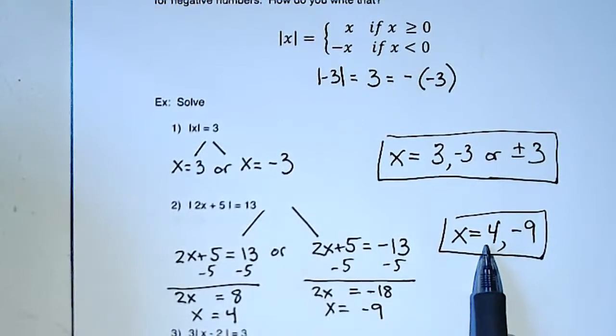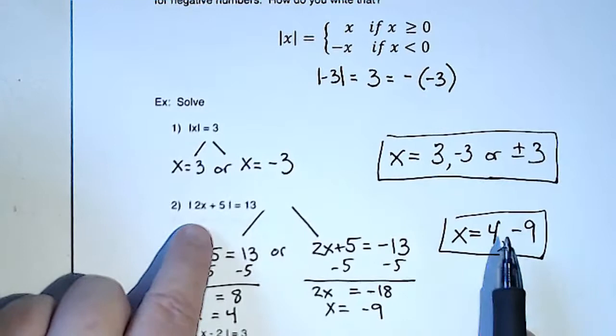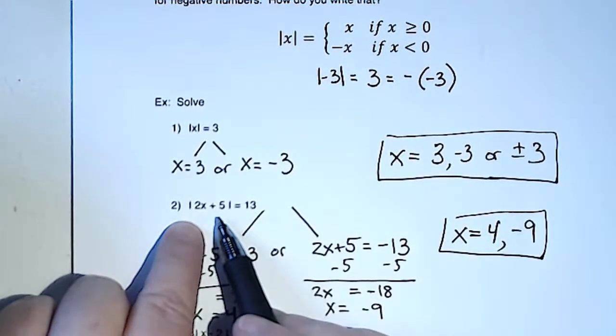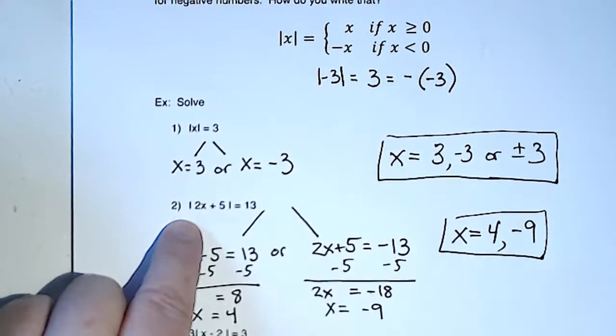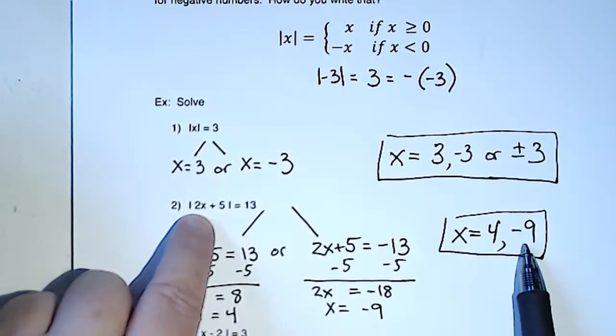So let's take a look at what's happening. Let's actually go back into the original problem. If x equals 4, 2 times x is 8, plus 5 is 13. Absolute value, we get 13. So what's happening when x equals negative 9? 2 times negative 9 is negative 18.